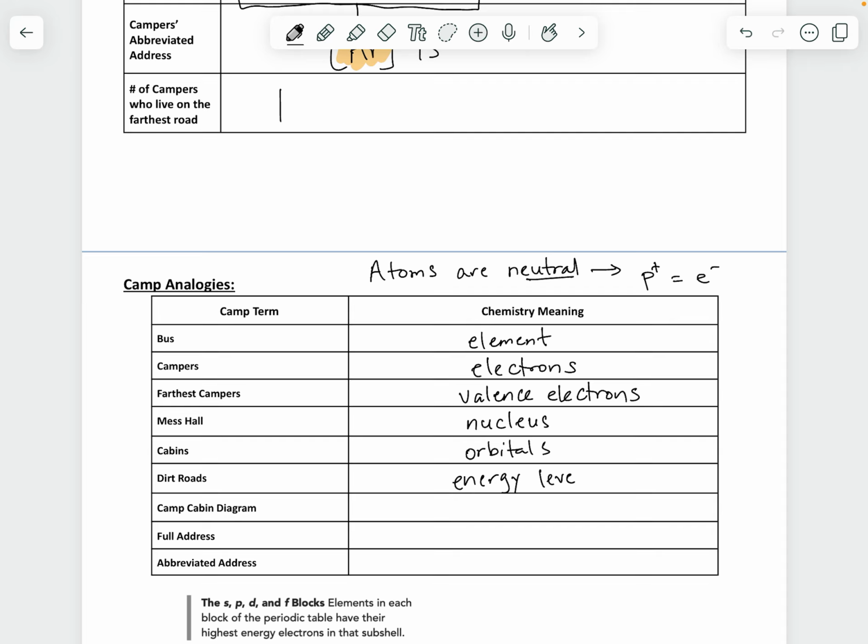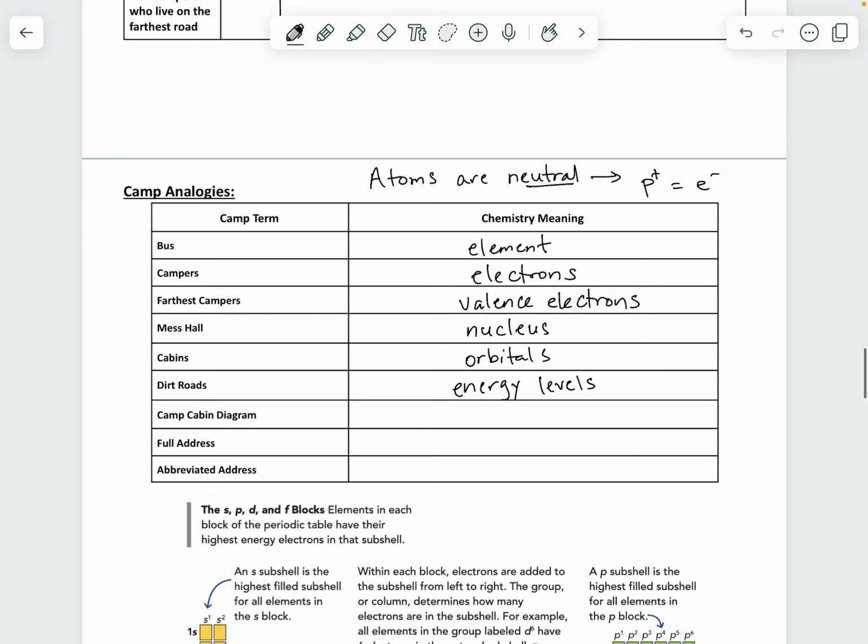And so certain energy levels are going to have certain numbers of cabins and certain amounts in each. And so we're able to identify that through those dirt road analogies. The camp cabin diagram is the orbital diagram. It's kind of just like a schematic of where those campers are. We also have a Bohr model that helps us do that.